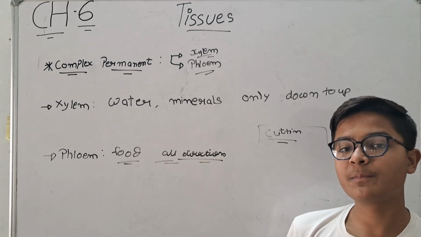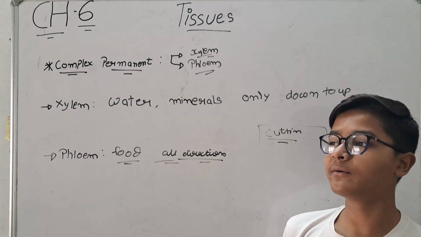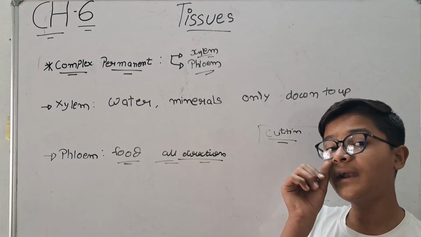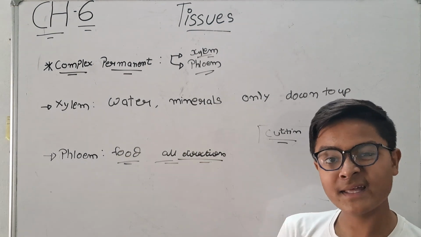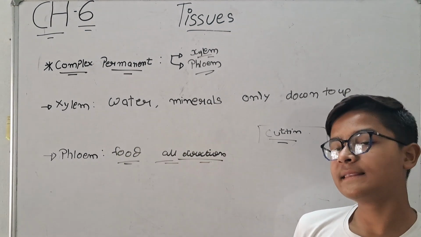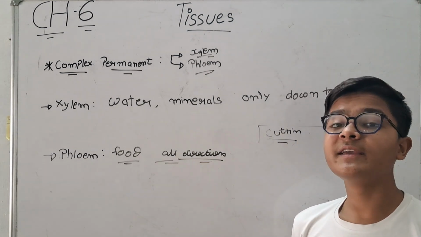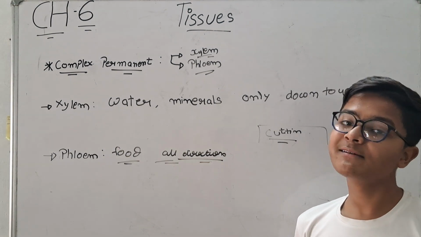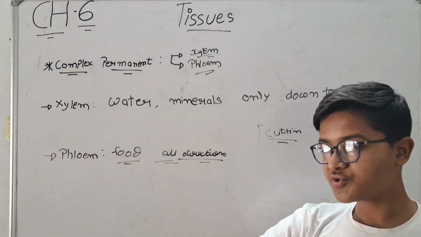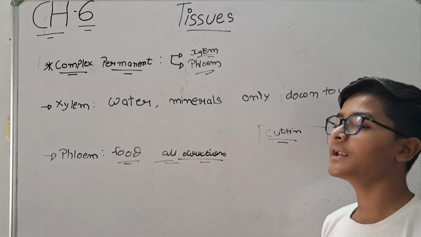We know that in a desert plant there is very little probability of getting water. Whenever there is some rainfall, the roots absorb the water, and in our usual plants it is evaporated through the stomata. But in desert plants there is a substance called cutin.